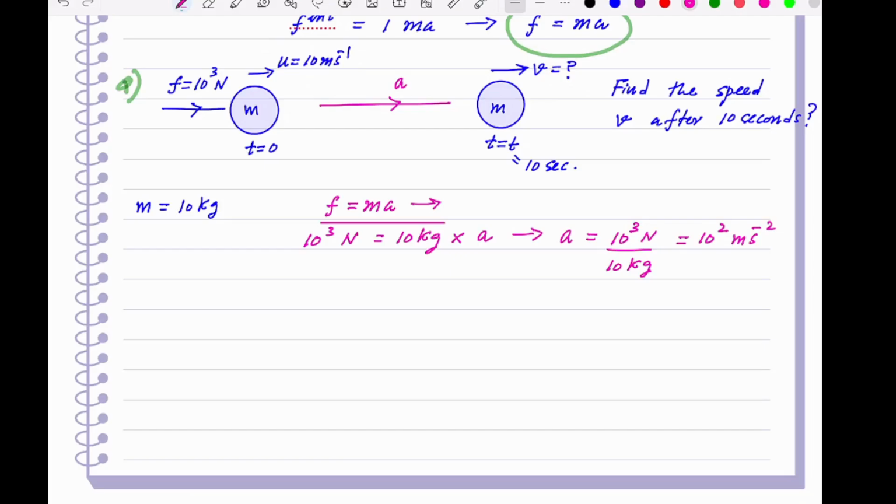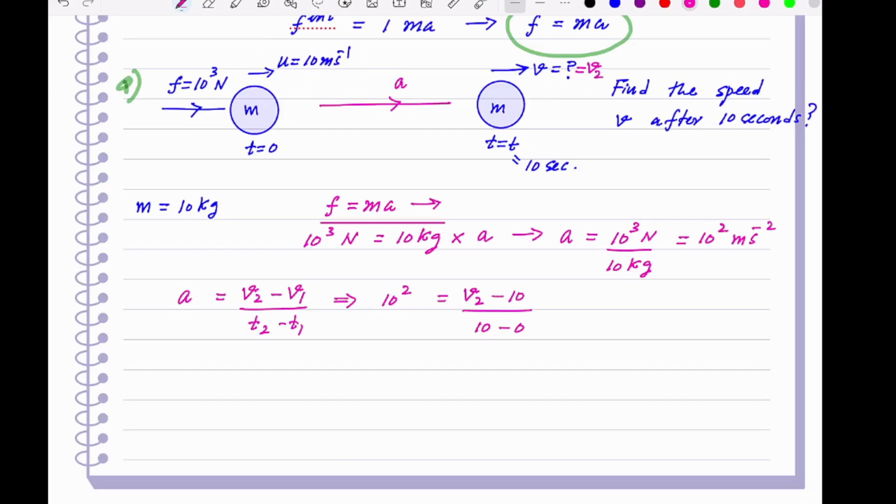Once you find the acceleration, you can find the final speed, because the definition of acceleration is v2 minus v1 divided by t2 minus t1. So acceleration is 10 to the power 2, v2 is what we need to find, v1 is given to you, which is 10, t2 is 10, t1 is 0.